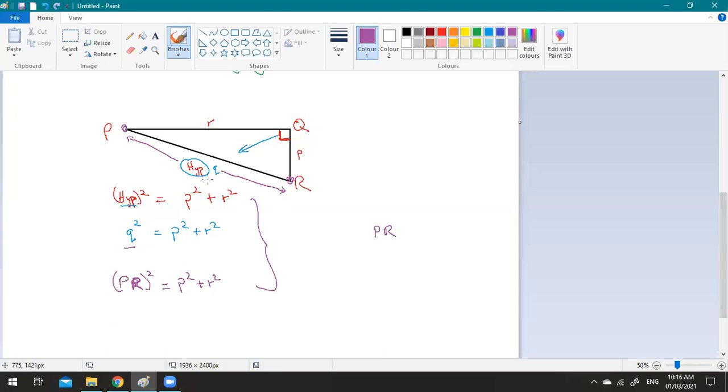What I did differently is write the letters differently, or use different terms that represent the same thing. So yes, this side is the hypotenuse. If they didn't give you the letter for the opposite side, we could use the length of the line, or the vector line PR or RP, which is the same thing.